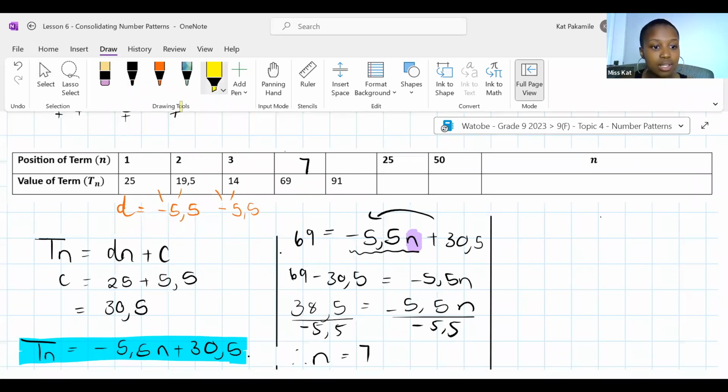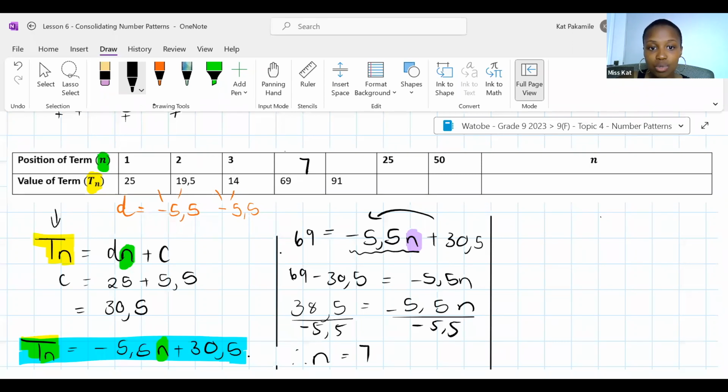The Tn is these ones over here, and the n, which is your position, is over there. If you are given n, for instance 1 or 2 or 3, the ones at the top, you substitute them where you see n. And if you're given Tn, the ones at the bottom, you substitute where the Tn is in the formula, which is on the left-hand side.